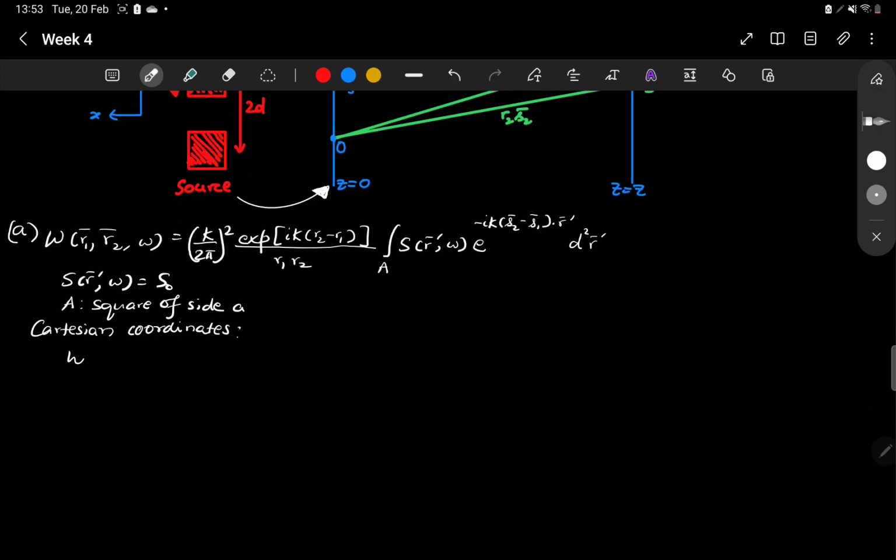So in Cartesian coordinates, the cross spectral density will be given as follows. S naught comes out of the integral because it is constant.